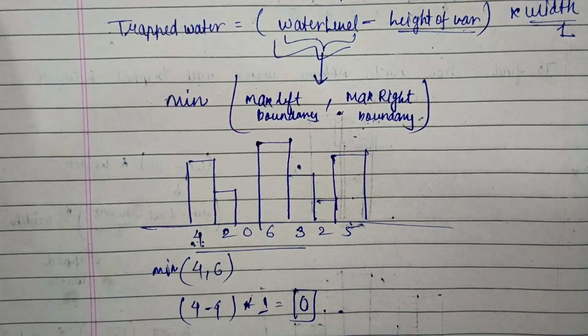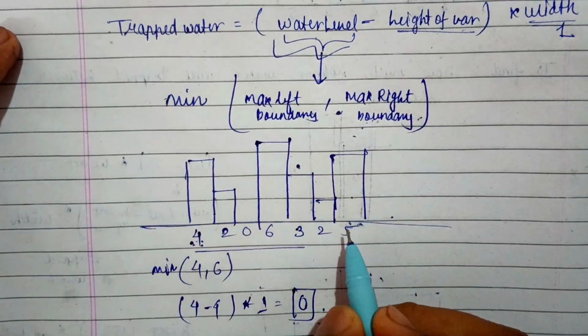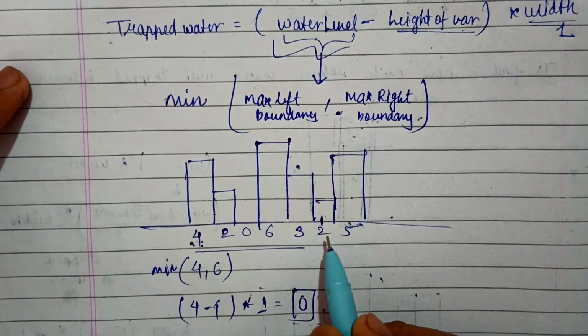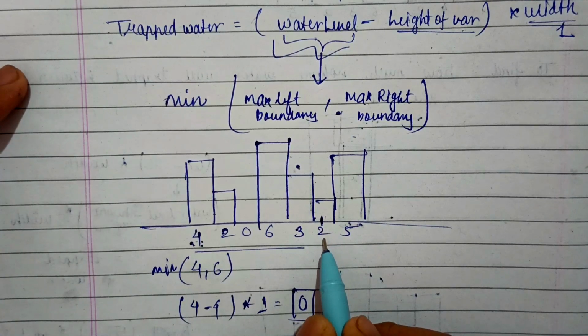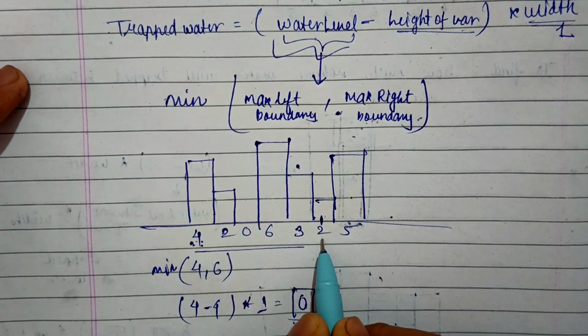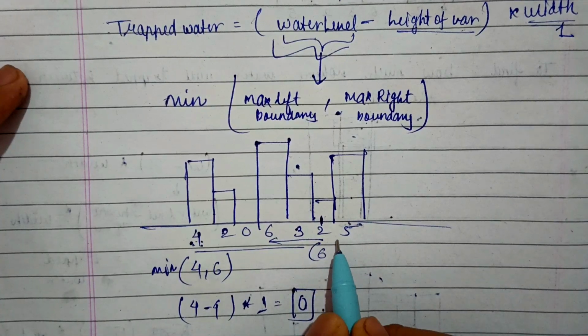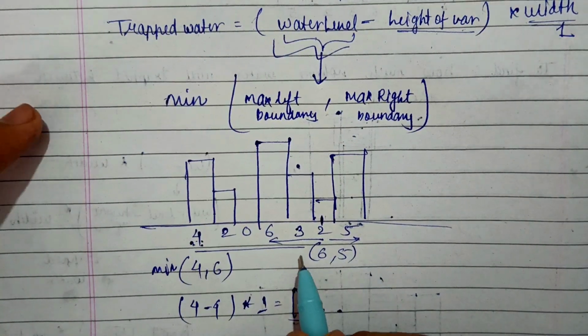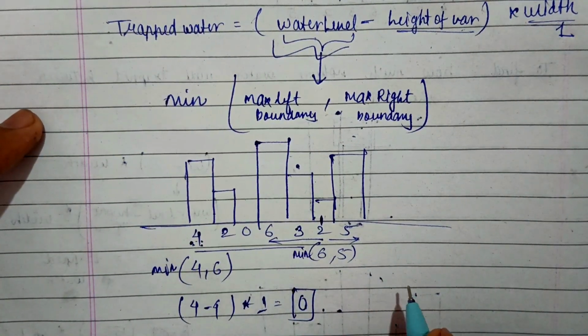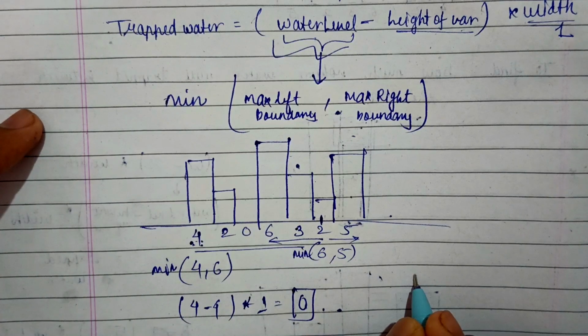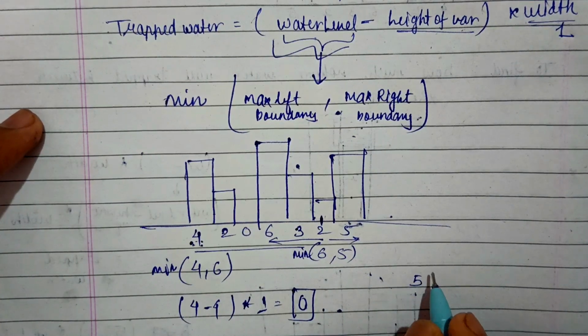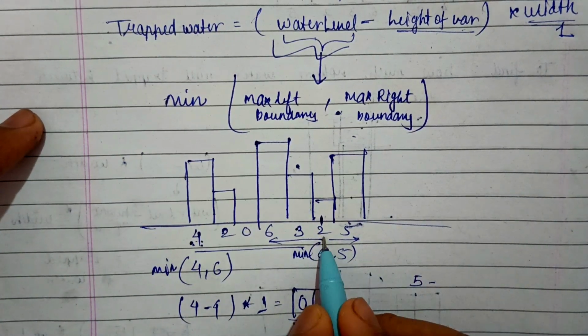So let's take another example. This bar, the left maximum is 6, and the right maximum is 5. So we have to take its minimum. So minimum is 5, and minus the bar's height.